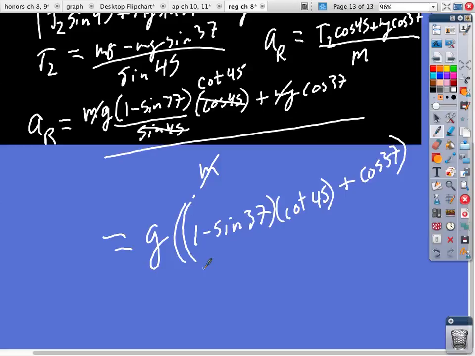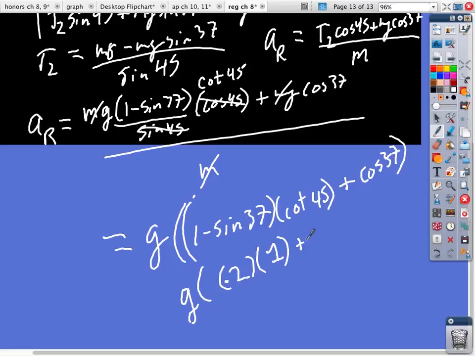Sine of 37 is around 0.6. So this becomes G times 0.4 times the cotangent of 45. That I do not know off the top of my head. Cosine 45 divided by sine 45. Oh, it's just 1. Haha, just kidding.